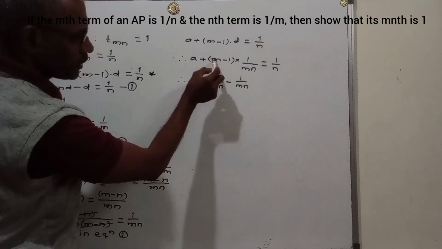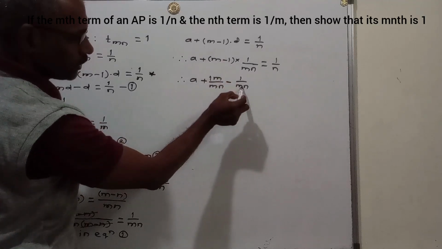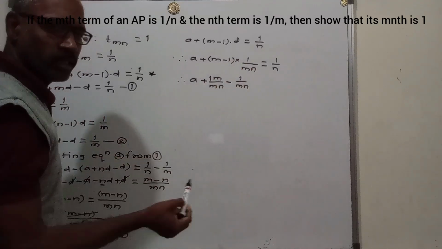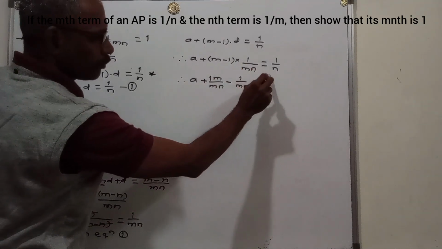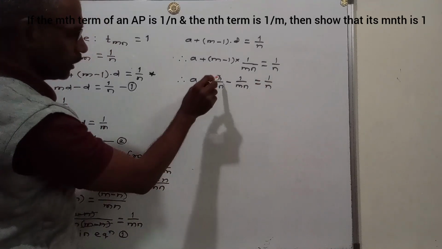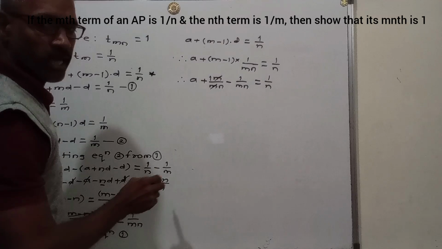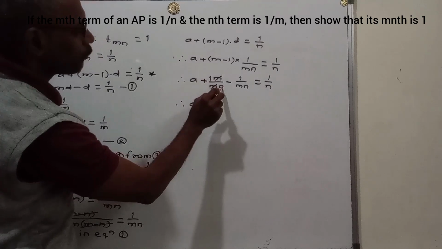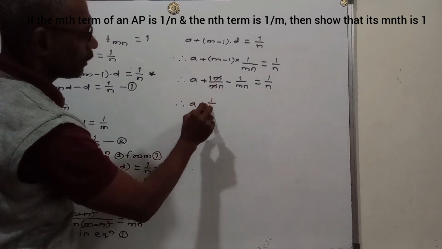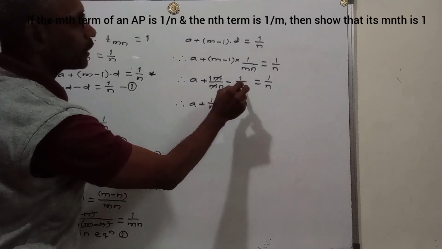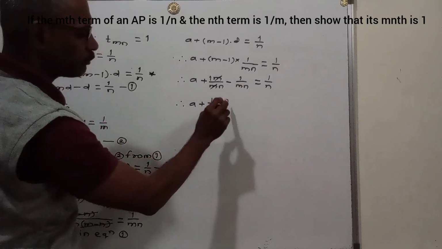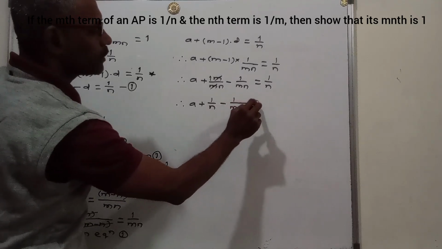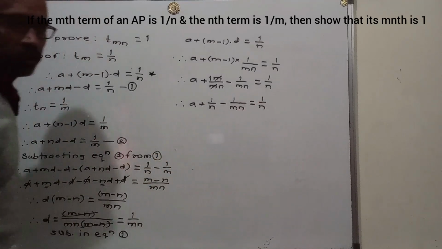See this, m upon mn, this m cancelled. Therefore a plus 1 upon n minus 1 upon mn is equal to 1 upon n.